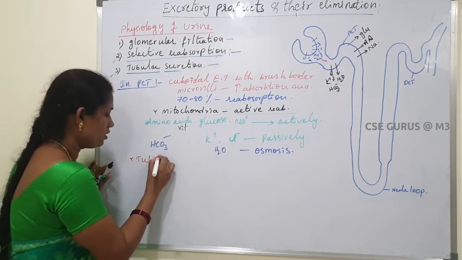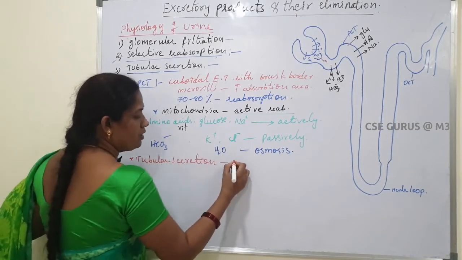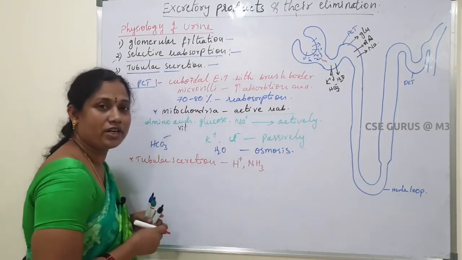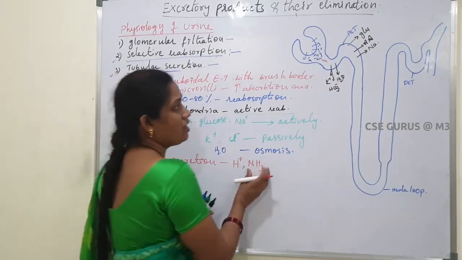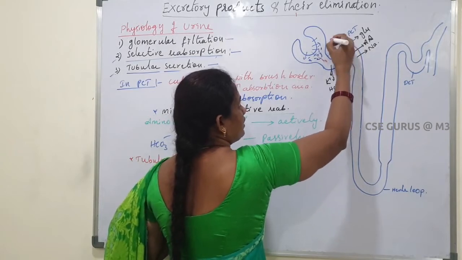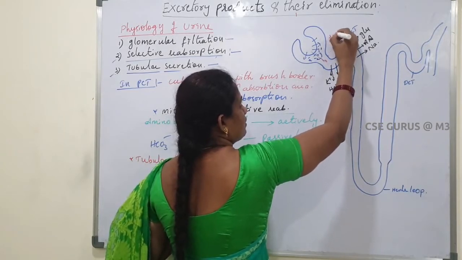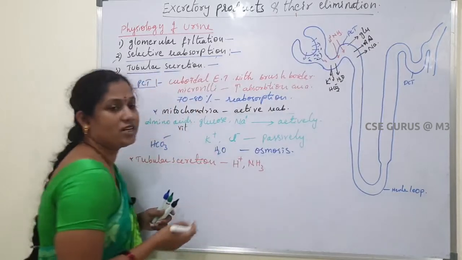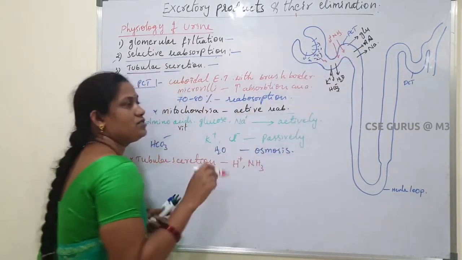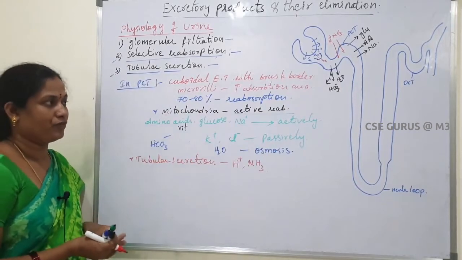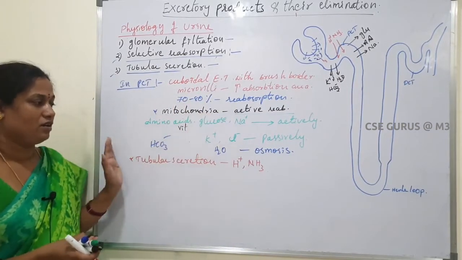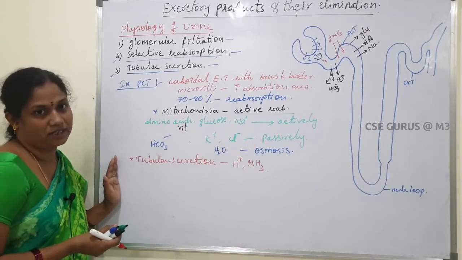Mainly H plus hydrogen ions and ammonium ions, NH3, are released, secreted into the filtrate. Okay, so this is about tubular secretion.